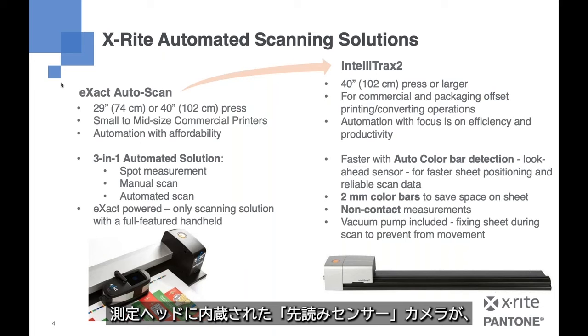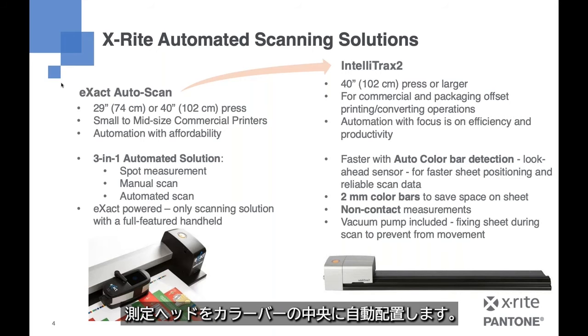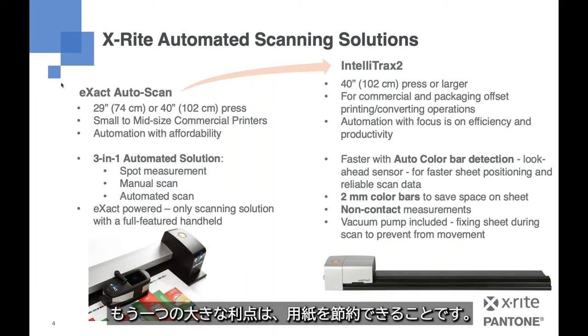It has a look-ahead camera inside the measurement head, which finds the color bar and then automatically puts the measurement head in the middle of the color bar. With this, the press operator is faster to position the chart on the system and start the measurement.